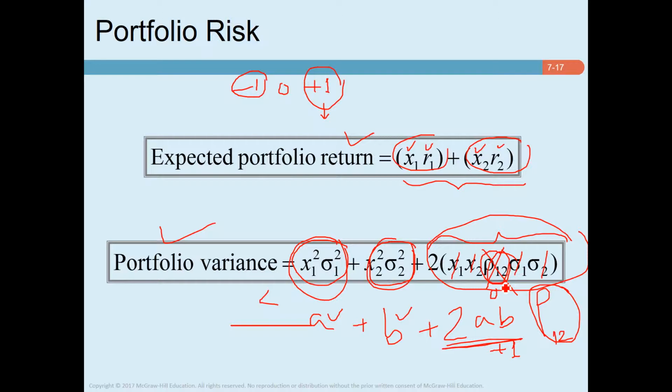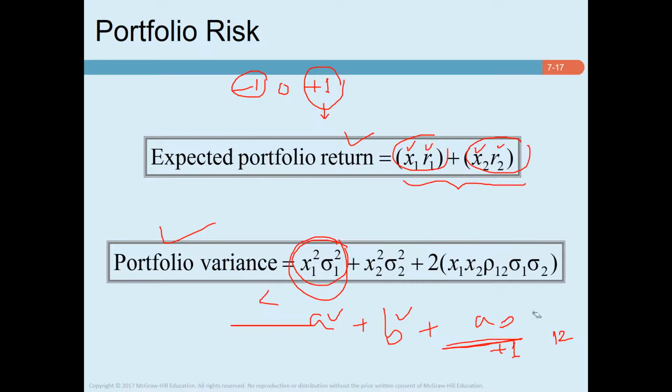So if two stocks are perfectly positively correlated, in that case, you do not get any diversification benefit because portfolio variance will be the weighted average variance of individual assets. However, for any portfolio where this correlation is less than 1, this part will be less than what you would have.